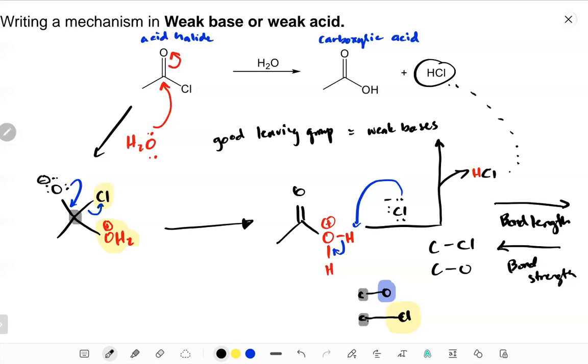And being weakly basic in itself, it becomes a good leaving group because of less attraction towards the carbon in the tetrahedral intermediate as compared to oxygen. That is supported by the fact that oxygen is more electron rich than the chlorine atom because it is more electronegative. It gets easily attracted to the tetrahedral carbon center than the chlorine atom.